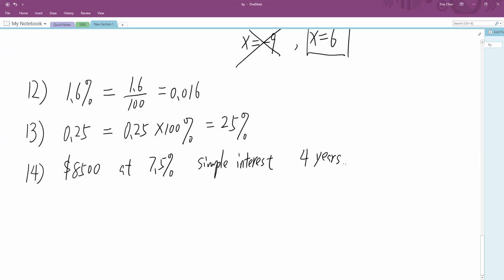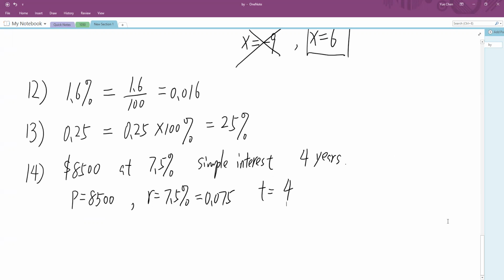After the end of the 4 years, what is the amount? So this problem tells you that P is equal to 8,500, right? And R is 7.5%, which is 0.075. And T is in years. This is 4 years, right?